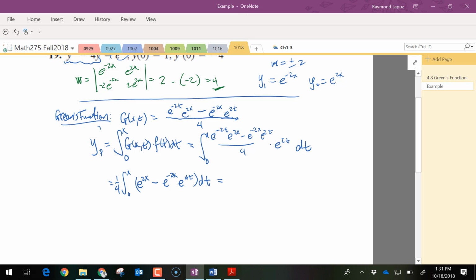So we're going to go to 1/4, and then I have e to the 2x times t, right? Because it's a constant with respect to t. And then minus e to the negative 2x, and then the antiderivative of e to the 4t, it's 1/4 e to the 4t.